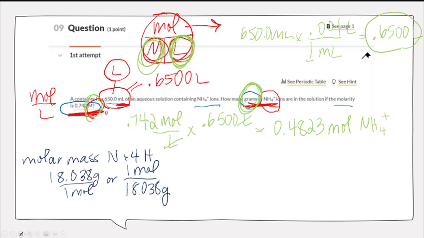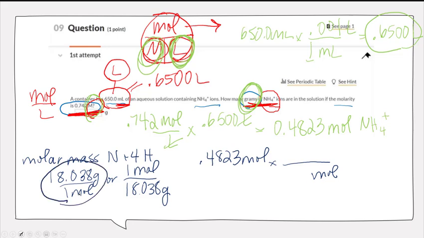So which one do we need to use? Well, if I'm starting with 0.4823 moles of ammonium, I need my moles on the bottom to cancel out. So I need to use this guy. In 1 mole of ammonium, there's 18.038 grams of ammonium.